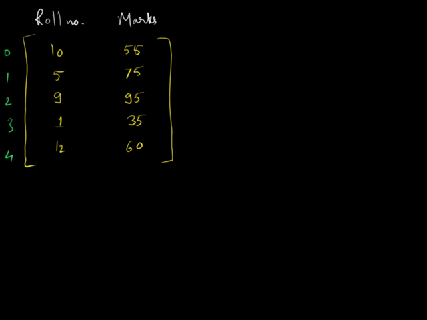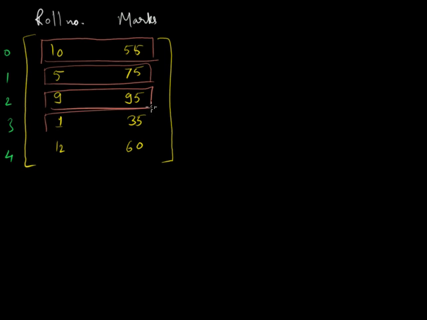Now what you can see is, if you separate each row, this is one row, this is another row, this is the third row, this is the fourth row, and this is the fifth row. Now what you can see is an array of rows, right? An array of rows. And those rows in turn are nothing but arrays like this.